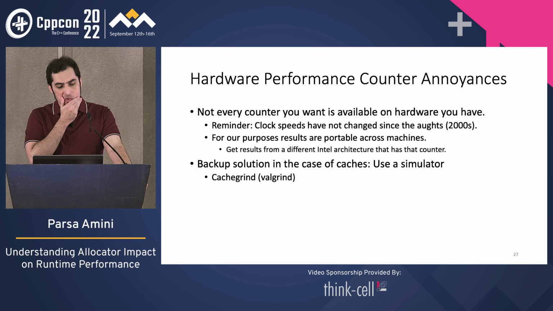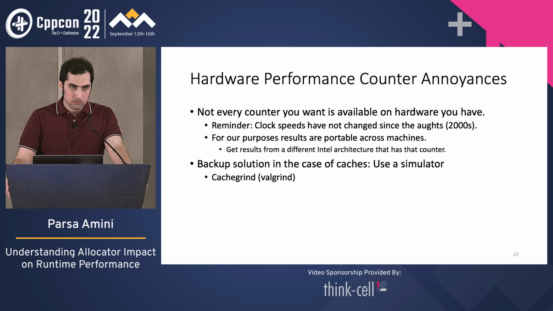And with regard to not being able to use every counter you want because your hardware doesn't support it, one remedy that we used was that we took advantage of the fact that clock speeds haven't really changed much since the aughts.